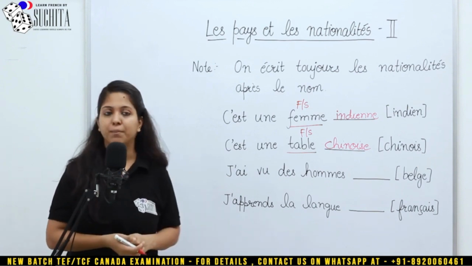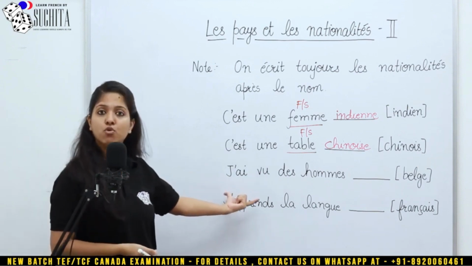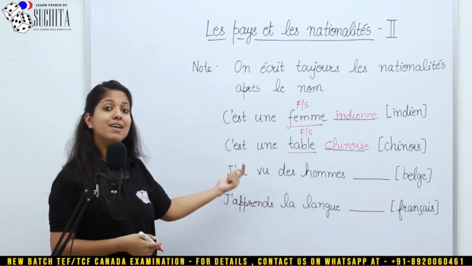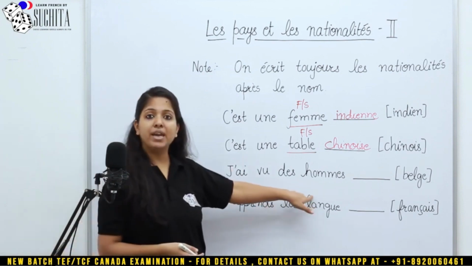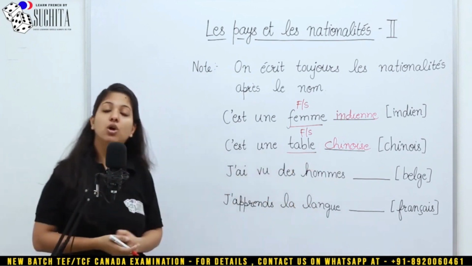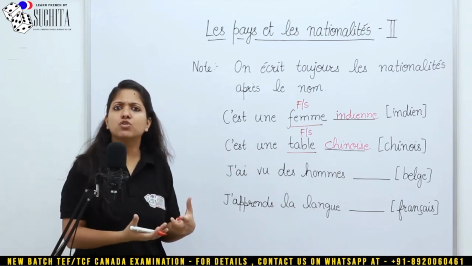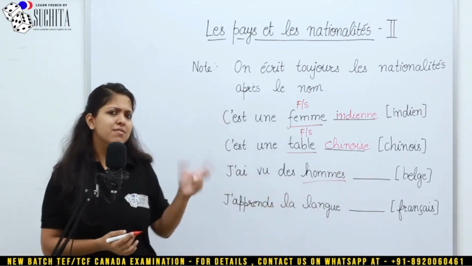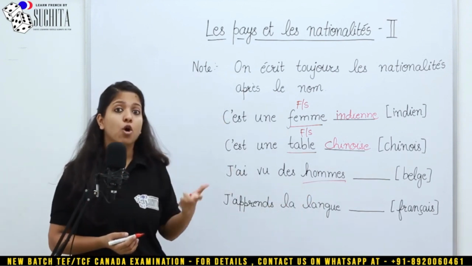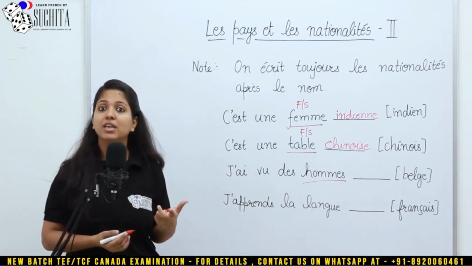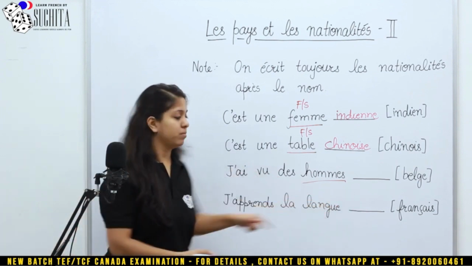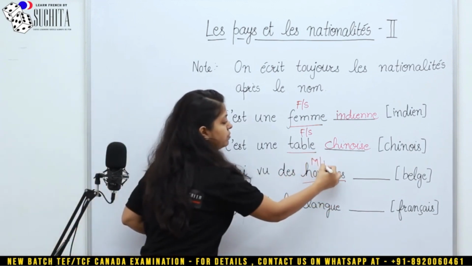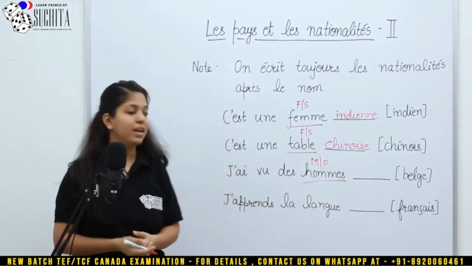Let's look at the third example, which is j'ai vu. Here I've used the past tense. I saw some men belge. Okay. Now we are using belge for the word homme. Homme c'est masculin ou féminin? C'est un homme. Homme, that's masculine and that is plural. Masculin, pluriel.